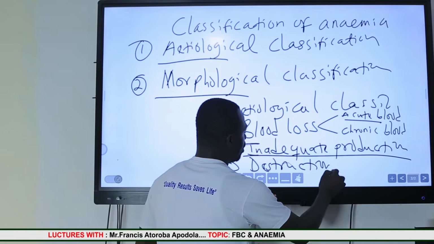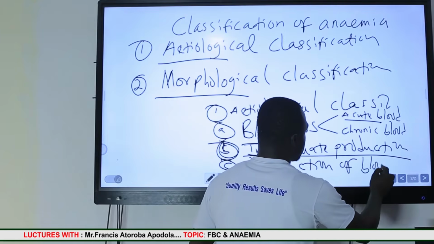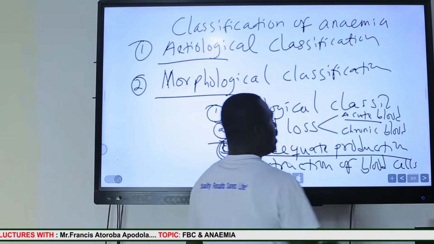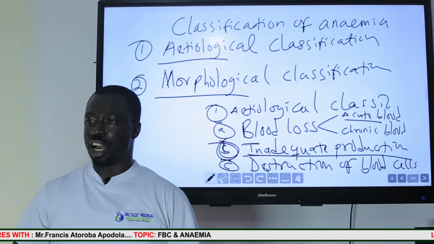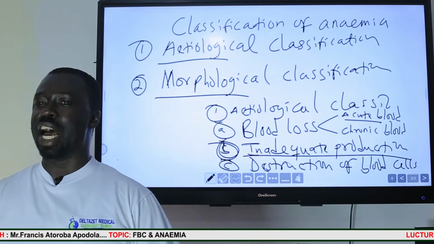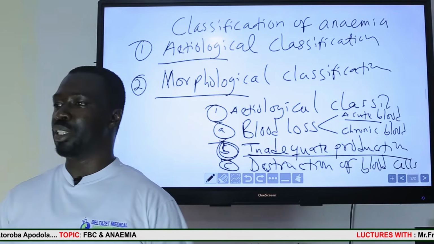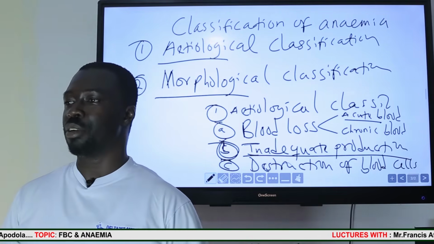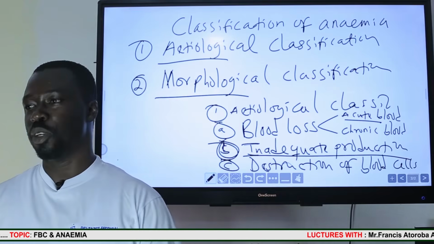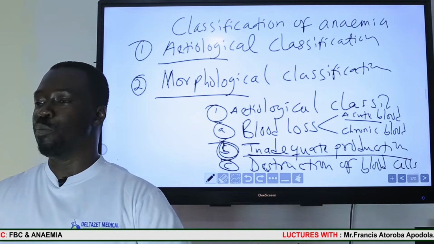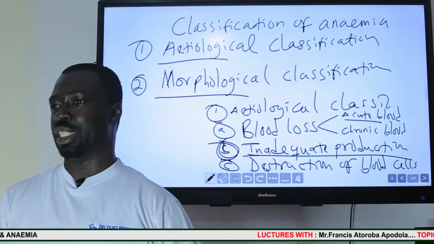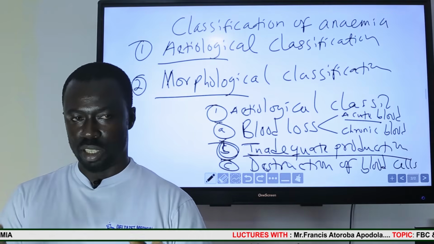So destruction of the blood cells. The red blood cells have been produced all right in their adequate numbers. For some reason, you were bitten by an infected female Anopheles mosquito and you had malaria. The bone marrow has produced adequate numbers of red blood cells in circulation.